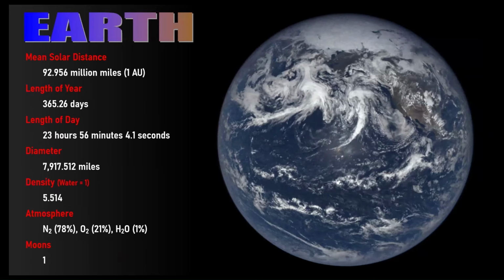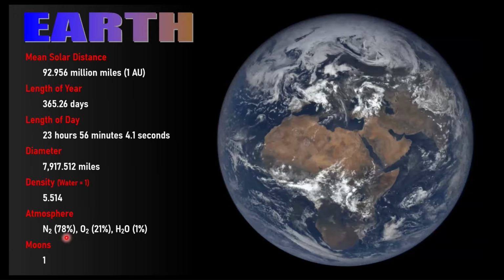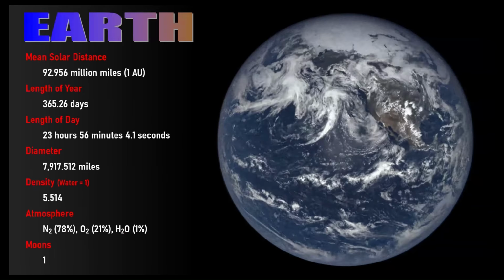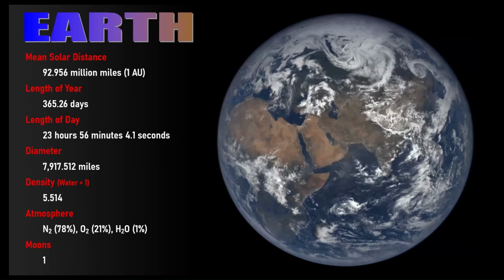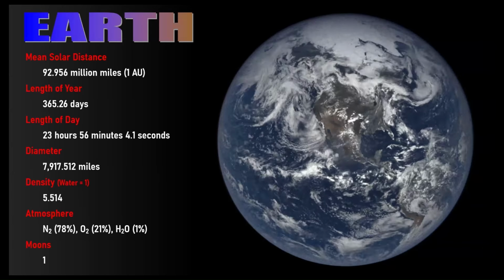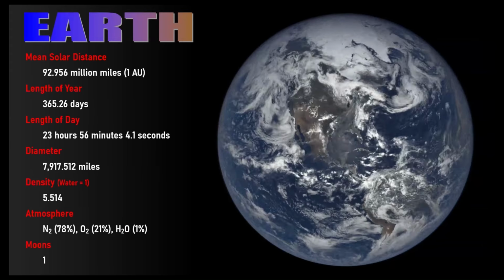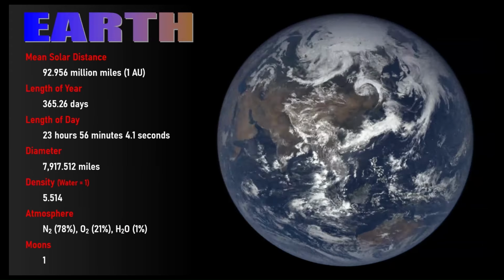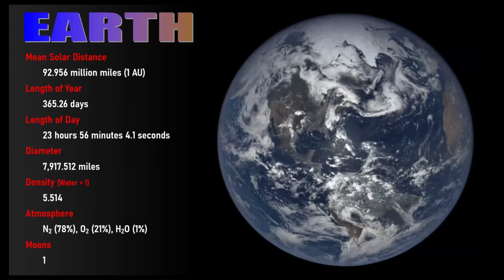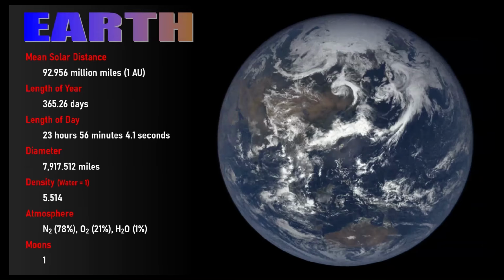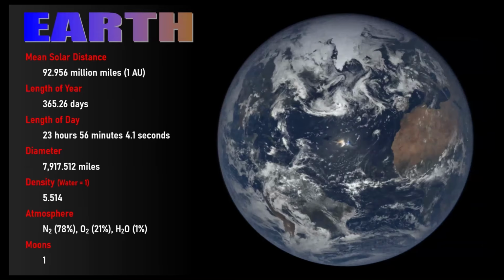And the atmosphere is mostly nitrogen, some oxygen, some water vapor. And if you're wondering how much carbon dioxide we have compared to Venus, remember, Venus is like 96%. We are 0.039% carbon dioxide. That's it. 0.039%.